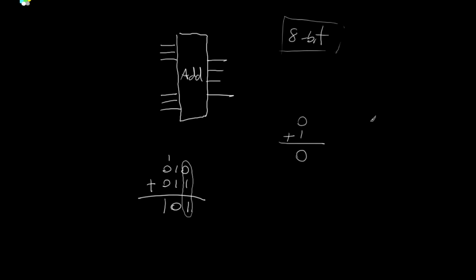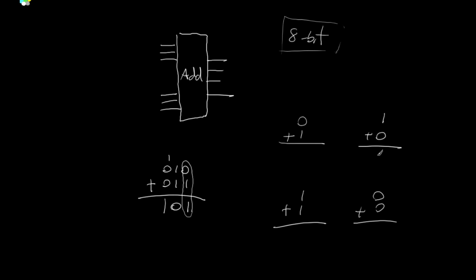We've got the case of them both being 1, and the case of them both being 0. So we've got 4 cases to look at here. That seems pretty manageable, right? So we're taking 2 inputs, and we need 2 outputs.